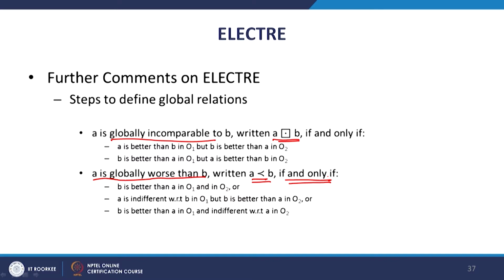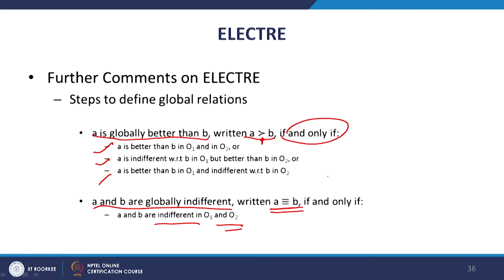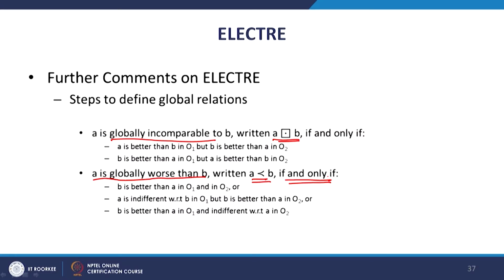So, if you look at these three sub scenarios, they are very similar to what we discussed in the first one, wherein we were talking about A is globally better than B. Now when we say A is globally worse than B, it is similar to saying that B is globally better than A. So, the same kind of scenario and same kind of sub scenarios or comparisons are to be performed.